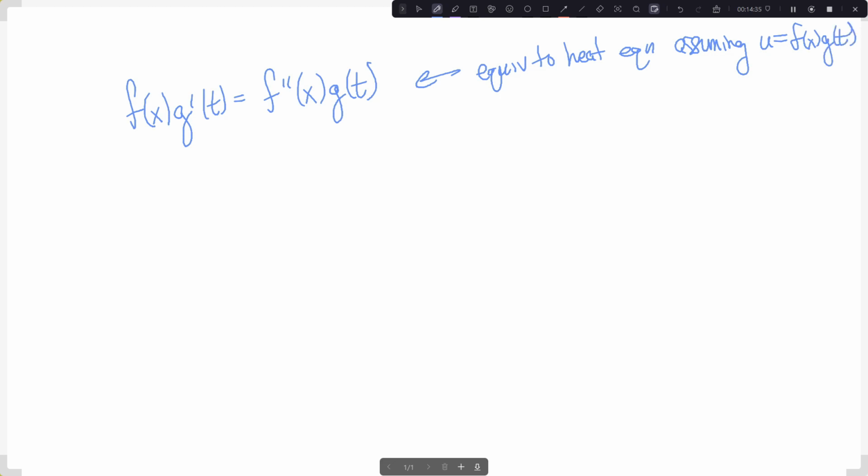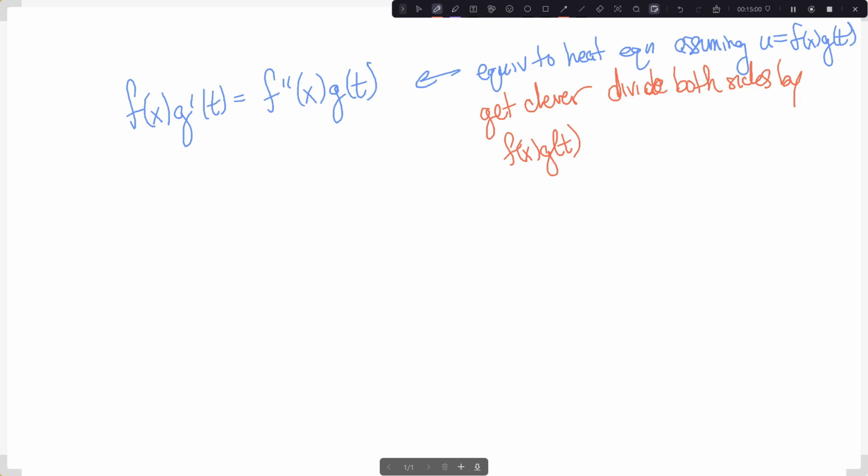I then get clever. There's something very clever that we need to do. And that's that we divide both sides by f of x g of t.